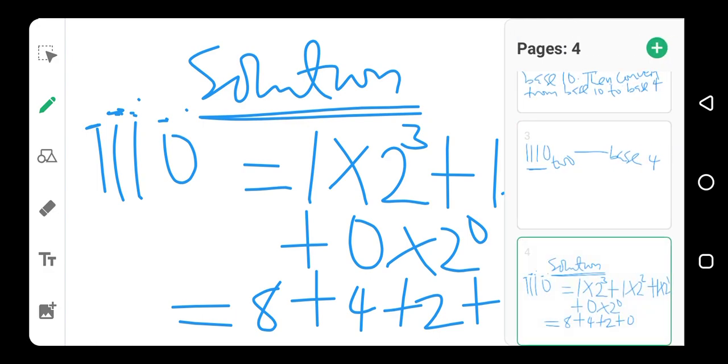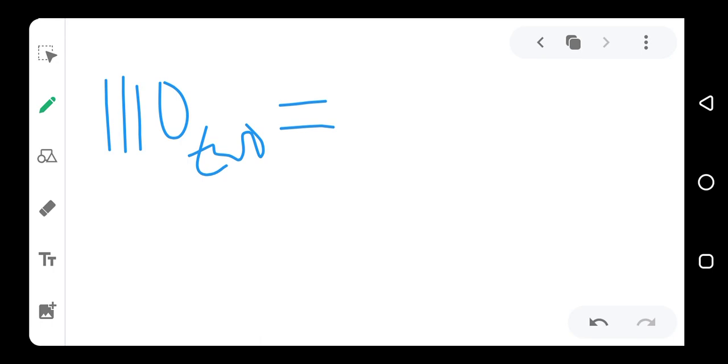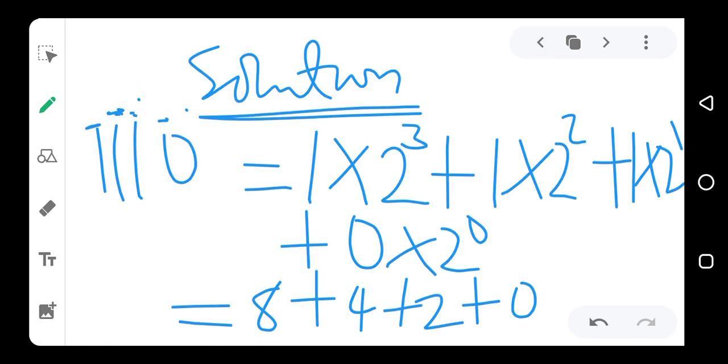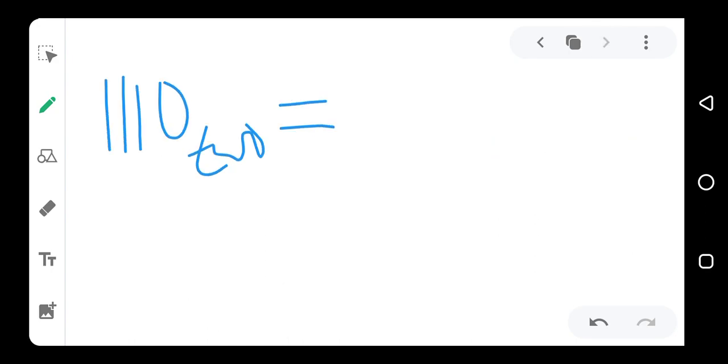So 1110 in base 2 is equal to 8 plus 4 plus 2, which is 14. So it is equal to 14 in base 10.